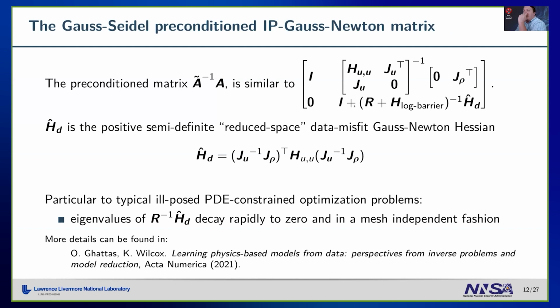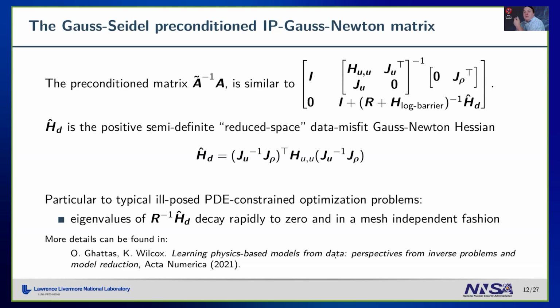This perturbation includes some of the terms mentioned before, the regularization operator, the Hessian of the log barrier, but then there's this new term, H hat D. This is a term that is well known and comes about in reduced space approaches for PDE constrained optimization. This is the reduced space data misfit Gauss-Newton Hessian.